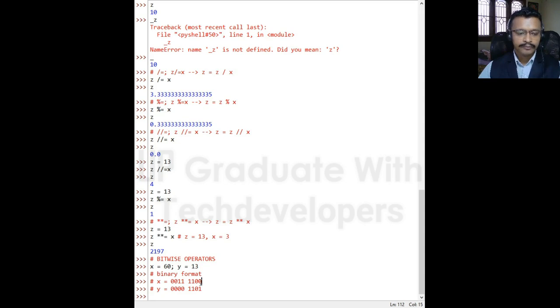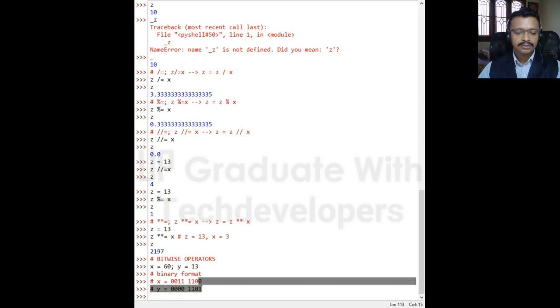Here the operands are x and y. So here you can see the element-wise operation. In x, observe the last digit is 0, and in y the last digit is 1.